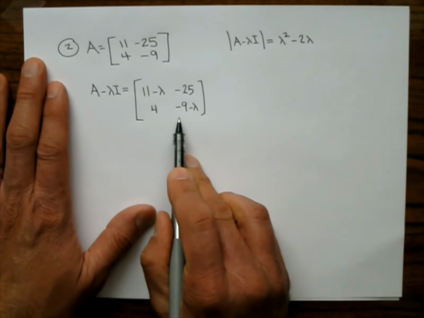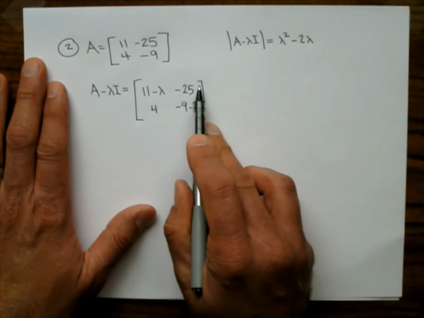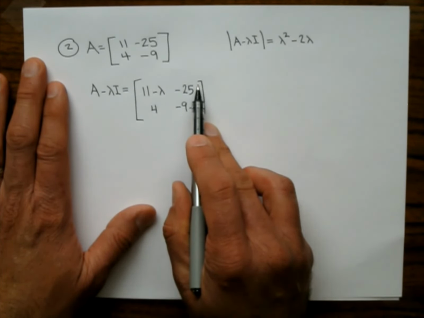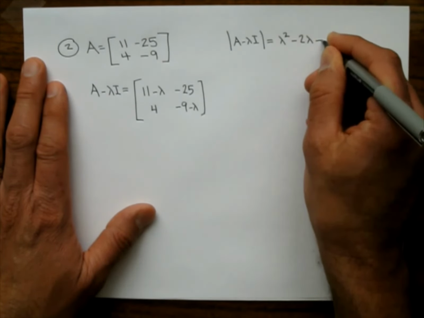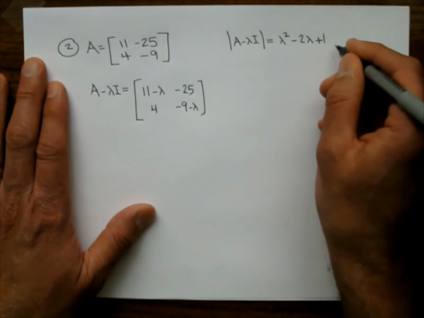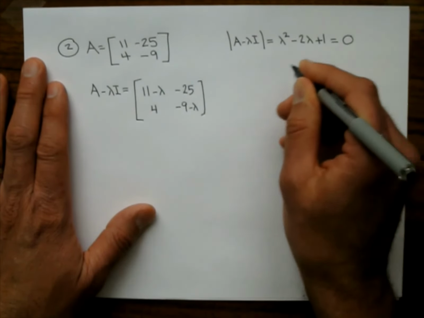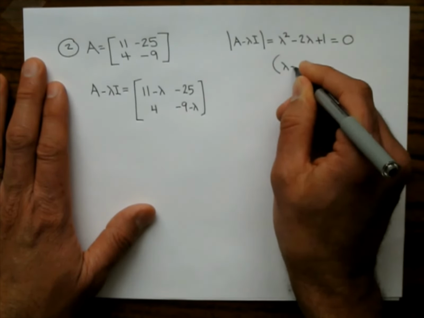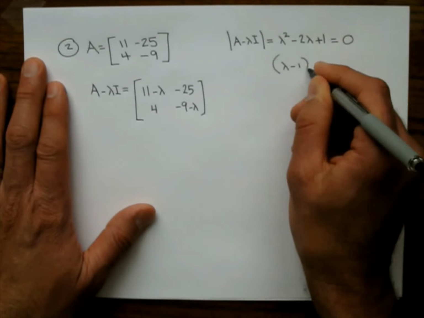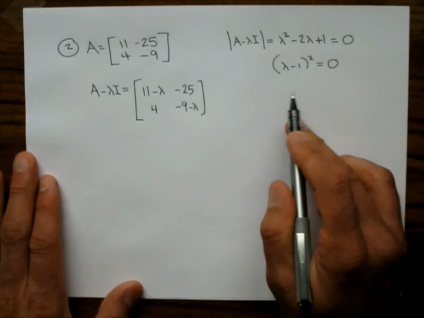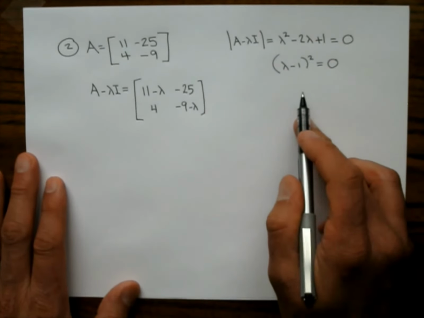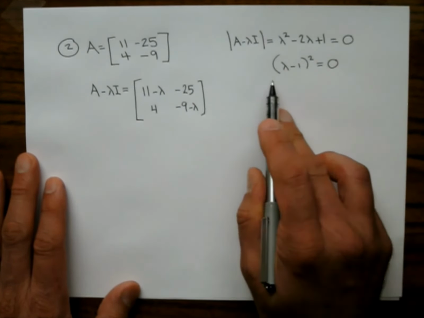And then I have minus 99, but a minus negative 100, so minus 99 plus 100 is plus 1. Set this thing equal to 0. This factors into lambda minus 1 quantity squared equals 0. This problem's going to go faster because I'm not going to say all those things at the end. We'll get the answer and move on.